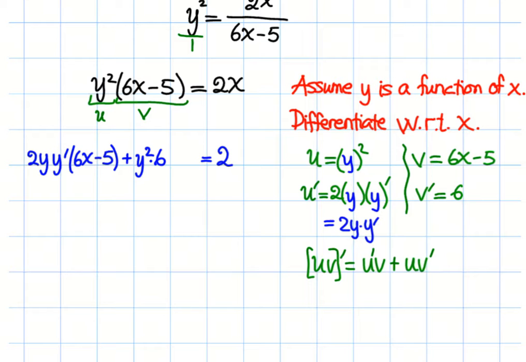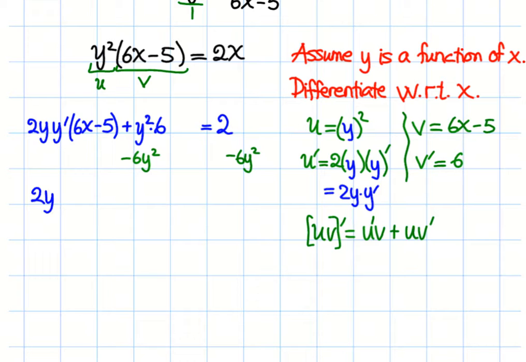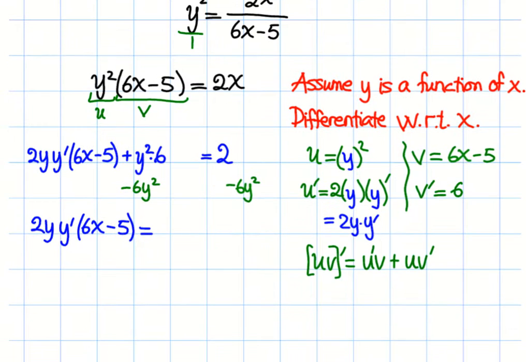Now we just need to solve for y prime. And we subtract 6y squared on the other side. So we will have 2y y prime times 6x minus 5 and then 2 minus 6y squared on the other side, right?